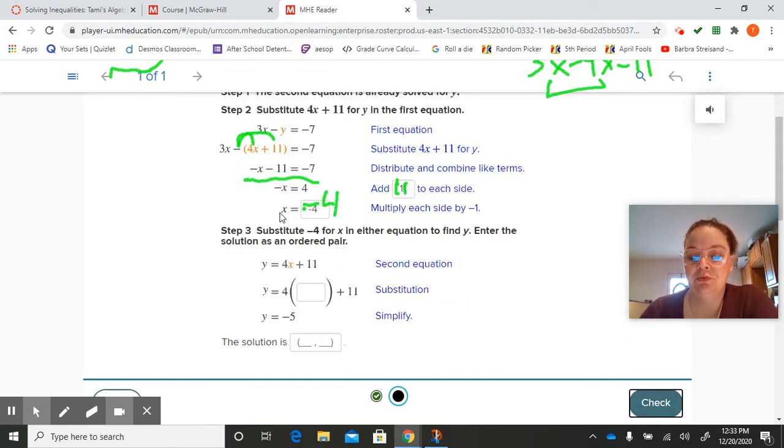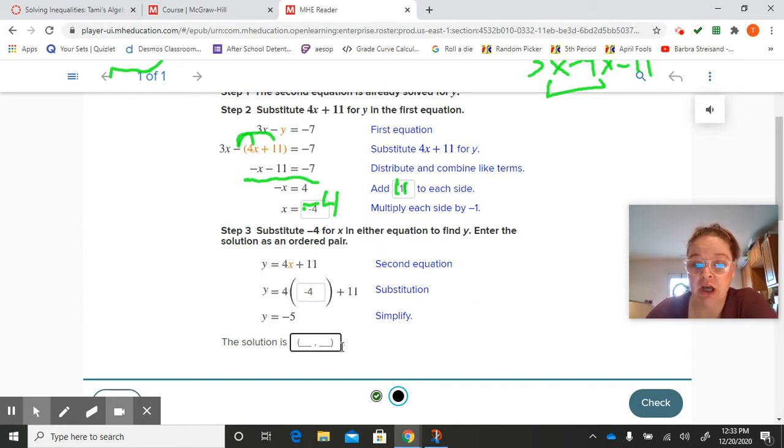Now that we have one of our variables, x, we put that back into the original equation, whichever one you want. Y equals 4x plus 11 is the easiest one to use. So we'll put our -4 in for x in there. 4 times -4 is -16. -16 plus 11 is -5.